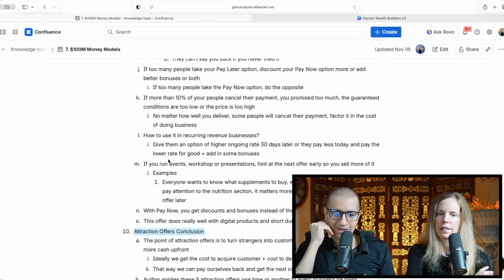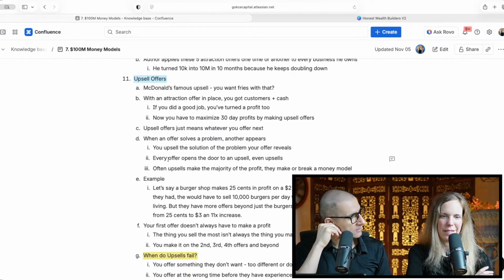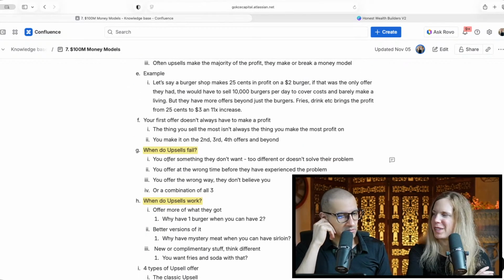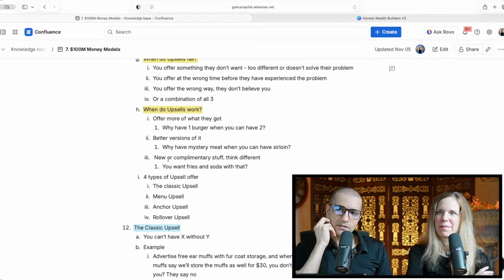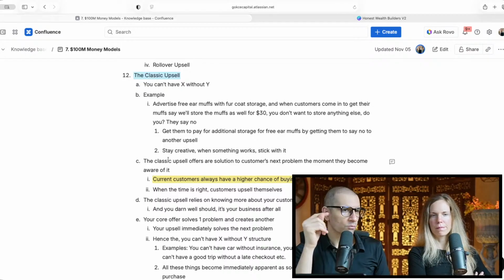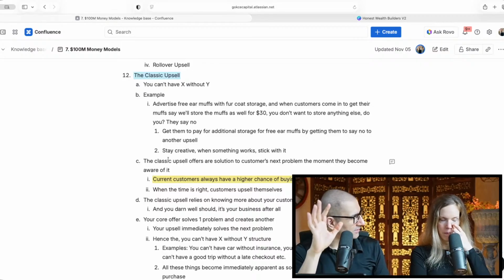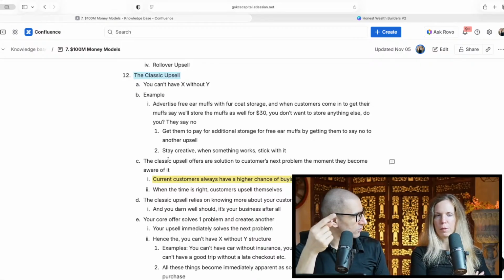So today we are discussing the classic upsell. Workshopping the classic upsell. Just as a high-level recap, we started with what a money model is. Then we went into the attraction offers, and there were five kinds. The first one was win your money back. The second was giveaways. Third was decoy.